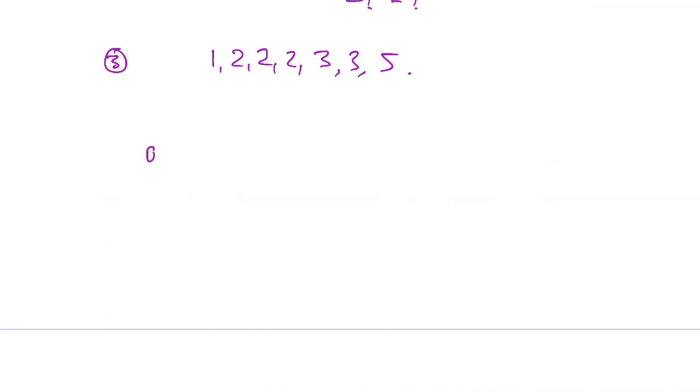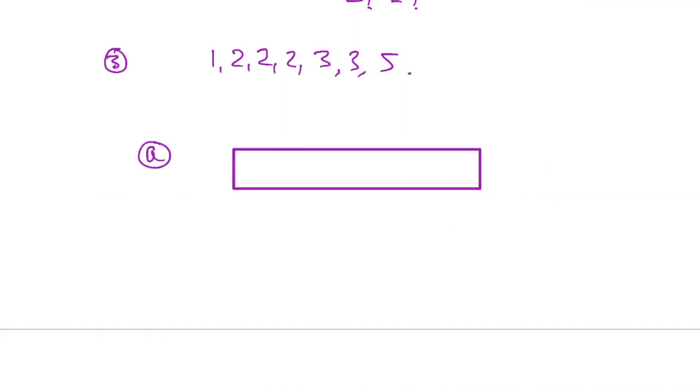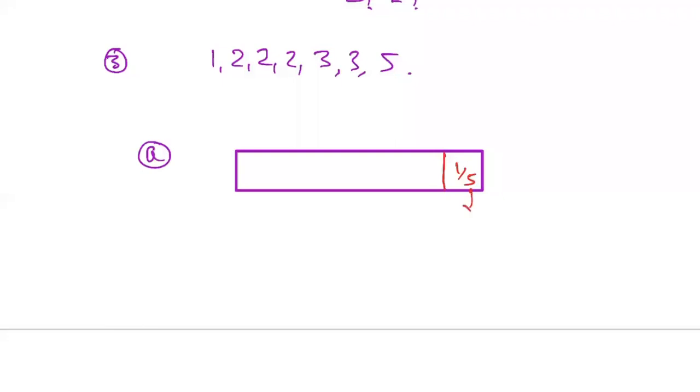See, first, when this will be ending with 1 or 5, so two options are there, right? And then 1, 2, 3, 4, 5, and 6. Factorial 6 by factorial 3, factorial 2. Three twos are there and two threes are there. So total number will be factorial 6 by factorial 3, factorial 2.